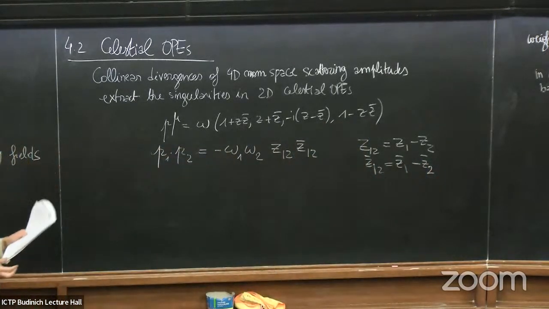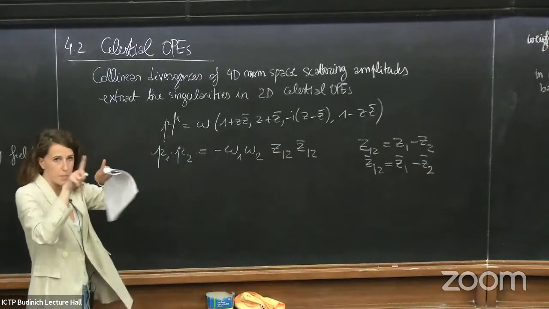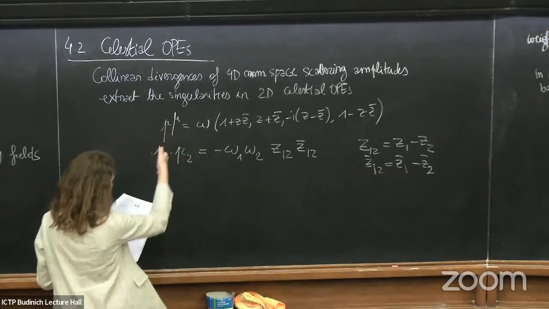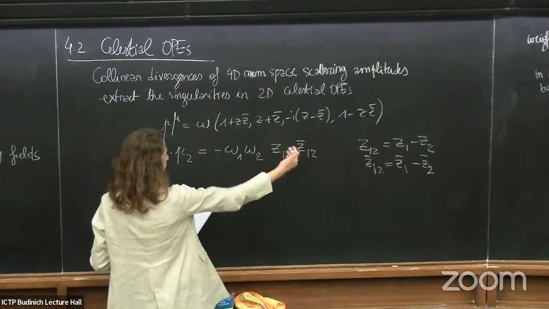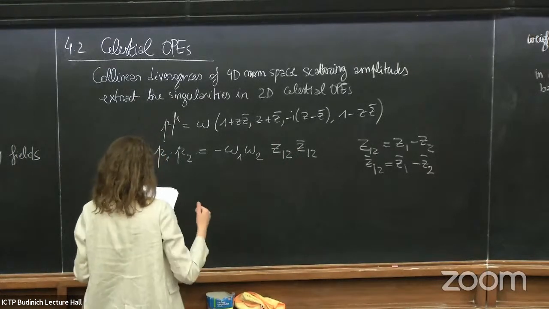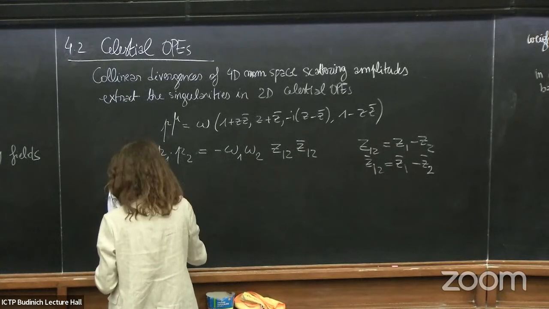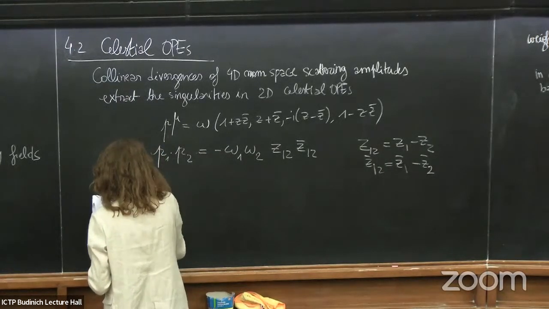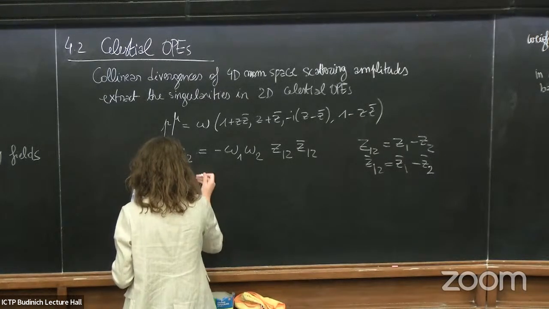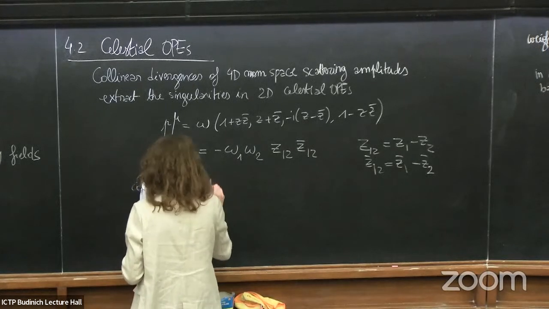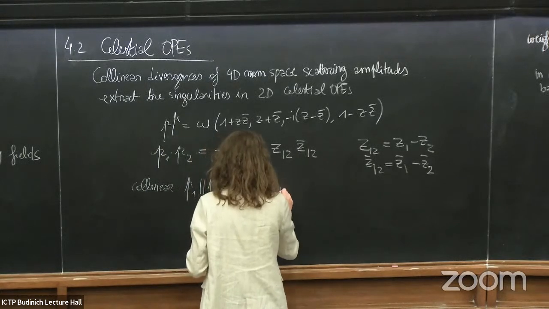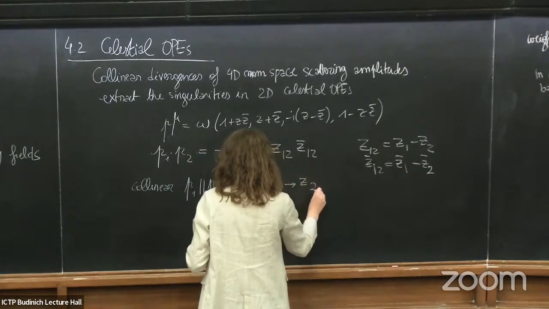So in other words, a collinear limit, when the two momenta become parallel, selects the pole when Z1 approaches Z2. So basically taking P1 collinear to P2 is the same as taking Z1 close to Z2.